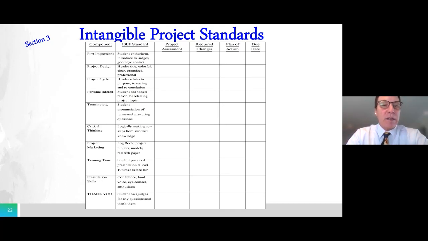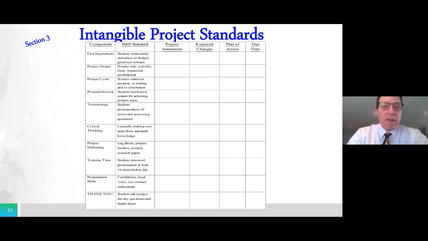When you're doing the project design on your poster, there are some things you have to be careful of there. The project cycle, as far as it's complete. Every project that you look at for IBDA and ISEF has to be complete all the way from the beginning, the purpose, to the application and even the references. Terminology, that you pronounce words the right way and you answer questions the right way.